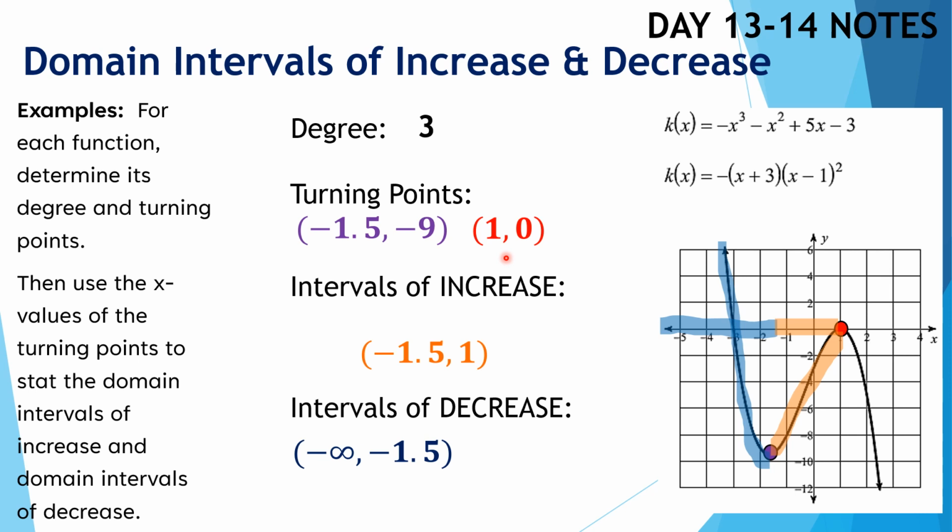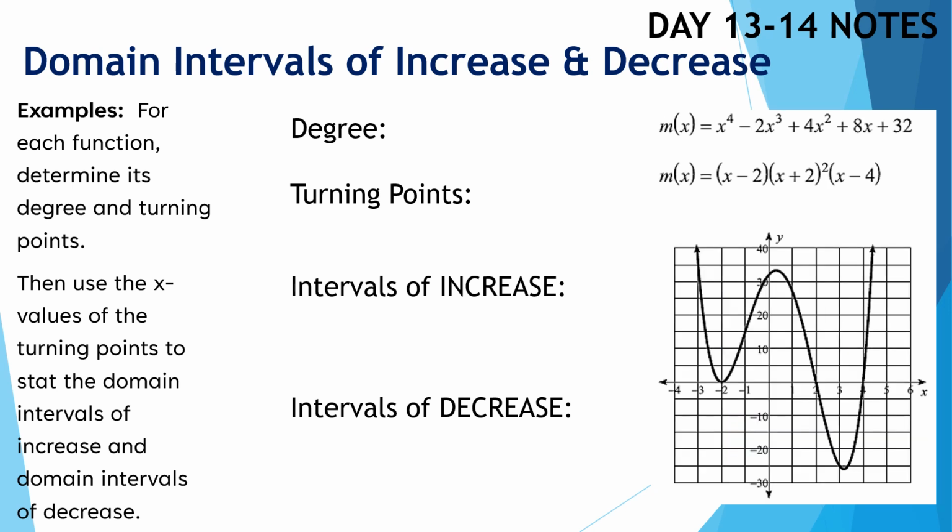And again, only x values across the domain. Once we get to that second turning point at (1, 0), our graph again decreases. So we have another interval from 1 all the way out to the right to positive infinity for a section of decrease. Because there are two sections of decrease, we need to have the union in between. So our interval of increase is (-1.5, 1), and the intervals of decrease are negative infinity to negative 1.5, union 1 to positive infinity. We've got two more of these. Let's keep going.